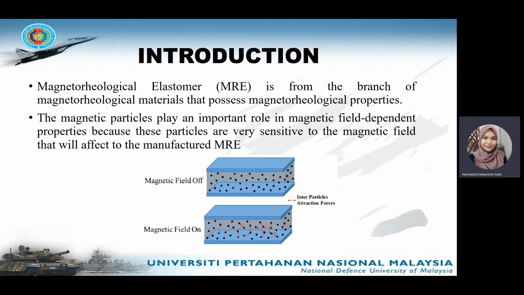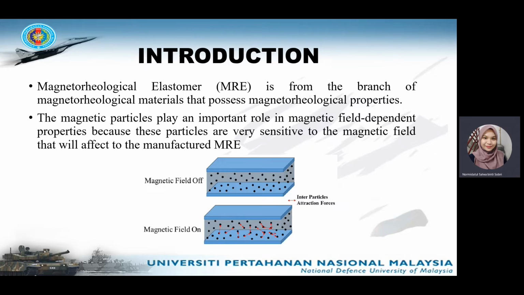So I will start my introduction. There are many smart materials, known as responsive materials, developed by scientists and engineers to ease daily life and reduce the risks that we face frequently. One of them is magnetoactive or magnetorheological materials, which are usually made up of micron-sized ferrous particles distributed in a carrier fluid or elastomer.